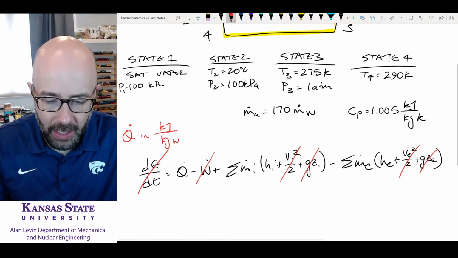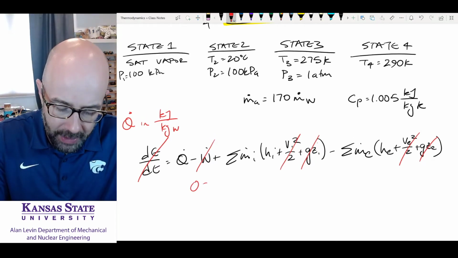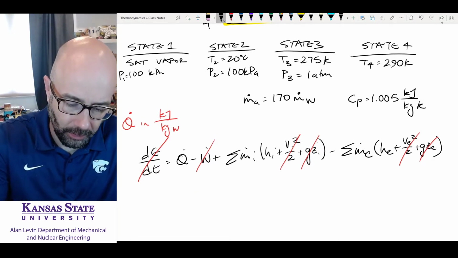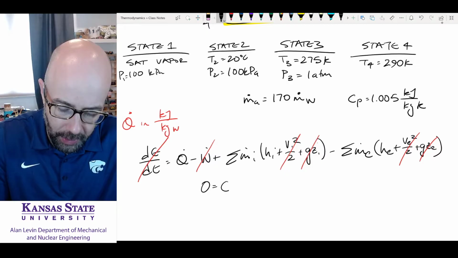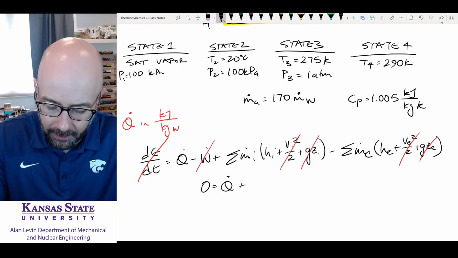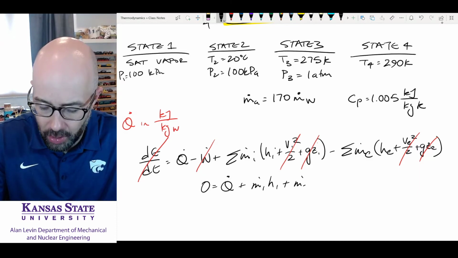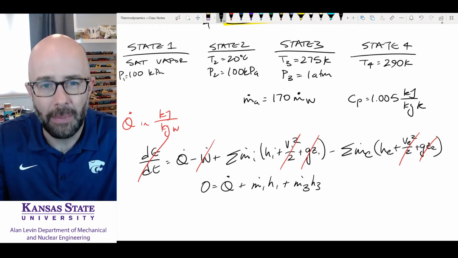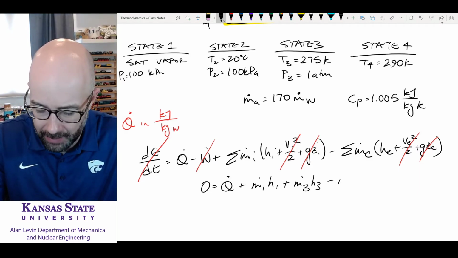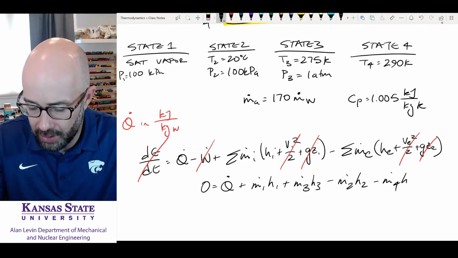And we're going to get ourselves down to 0 is equal to q dot plus m dot 1 h1 plus m dot 3 h3. That was what's coming into my control volume. What's leaving is going to be m dot 2 h2 minus m dot 4 h4.